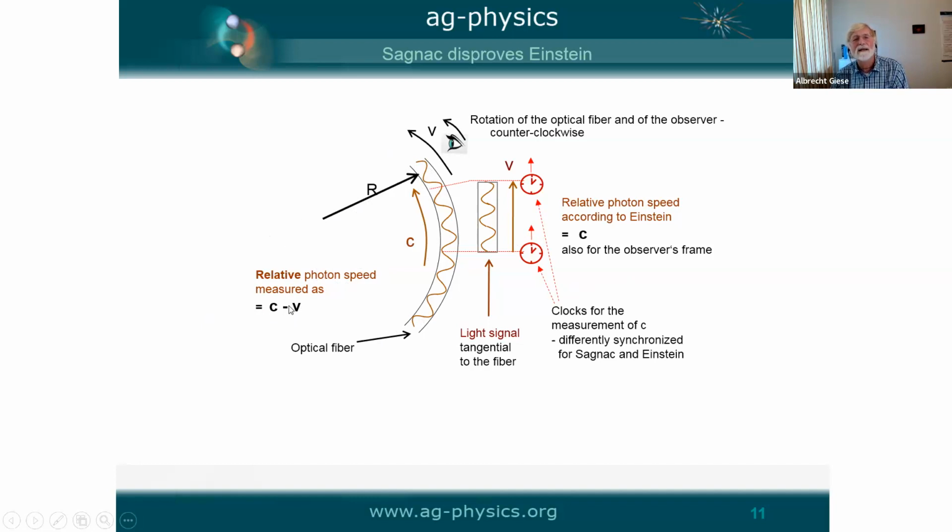The difference is always v. So now we can increase the radius until it reaches infinity. And if it reaches infinity, then these two sections become physically identical. But still, we have c minus v here and c here.